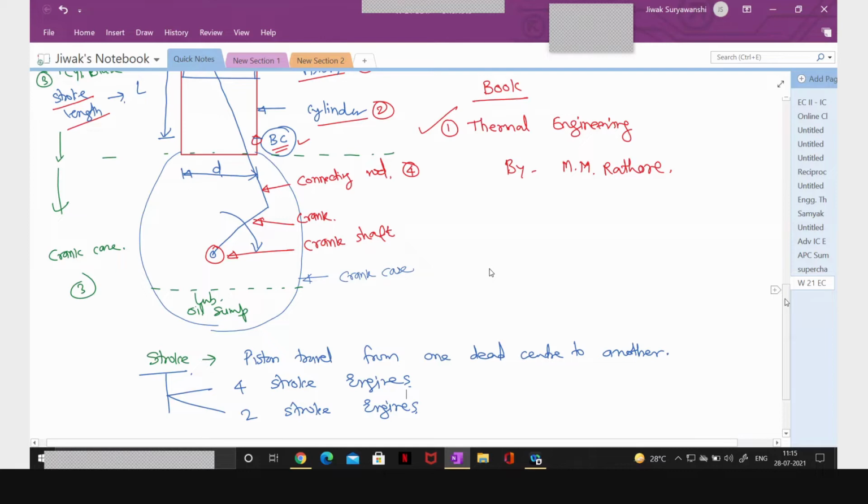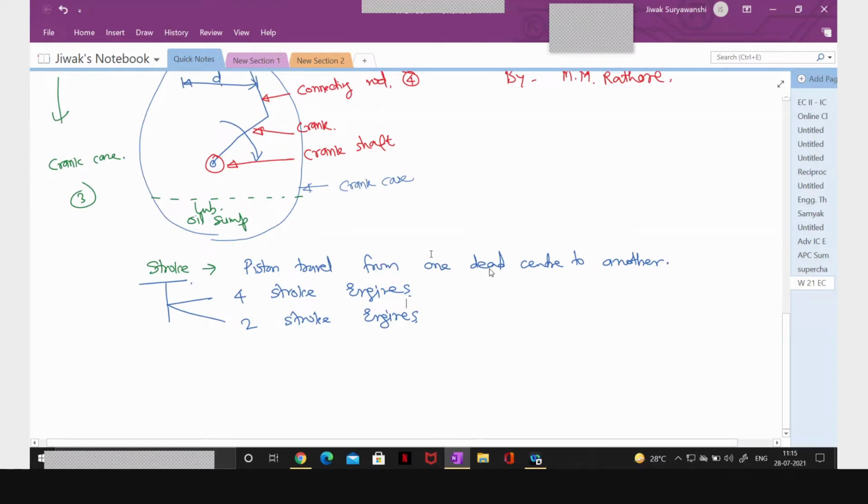So that is another way of classification: four-stroke engines and two-stroke engines. In both cases, one thermodynamic cycle is completed in four strokes of the engine in the case of a four-stroke engine, and in two strokes of the engine in the case of a two-stroke engine.